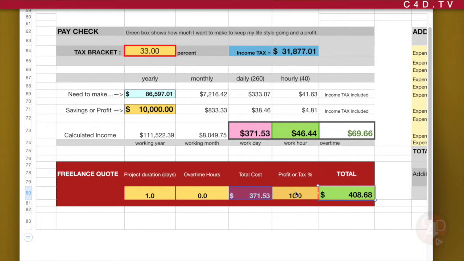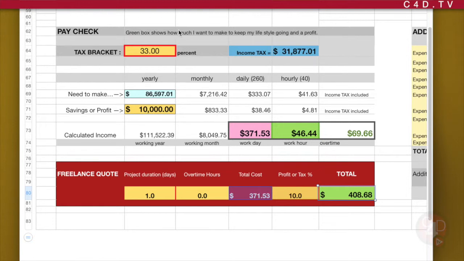Okay. Now, if you ask me today, what would be the total cost of one day here in Los Angeles for a company, I would say it goes between $400 and $900 or $1,000, depending on your experience. So this is where the cost of the freelance quote is going to give you basically a base number of how much money to charge, and do not undercharge so you can actually make money, right?